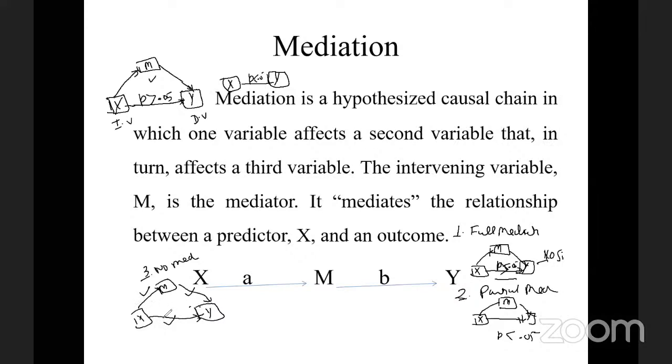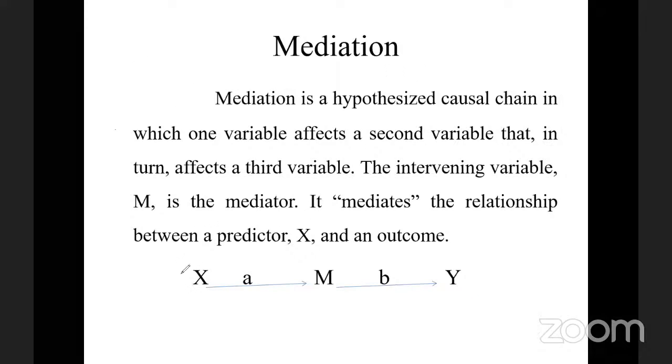When we check the relationship between X and Y, it may be greater than 0.05. If any one of the three relationships between two variables is greater than 0.05, meaning not significant, then we say it is no mediation. So that is about mediation.